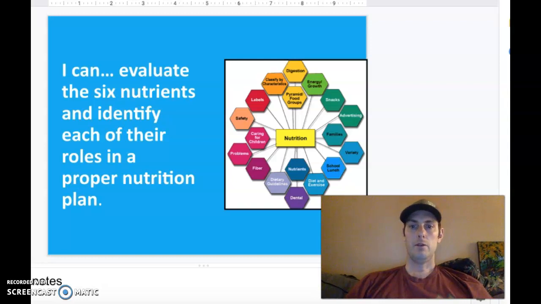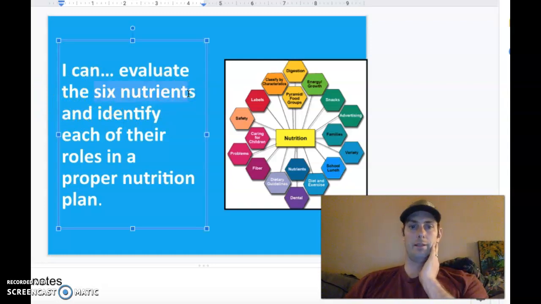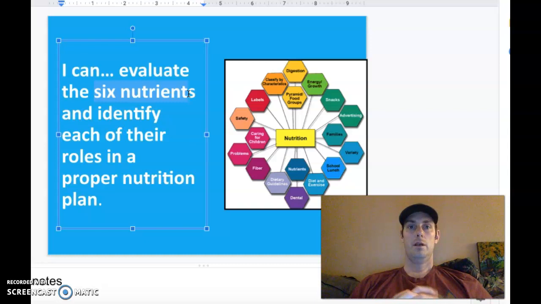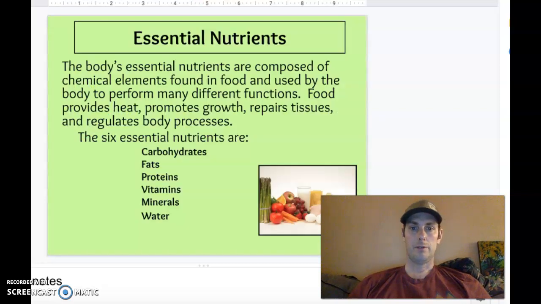So in this unit, we're going to look at identifying the 6 main nutrients that make up pretty much all food. All food can be broken down into these 6 nutrients. Okay, and the essential nutrients are carbohydrates, fats, proteins, vitamins, minerals, and water.